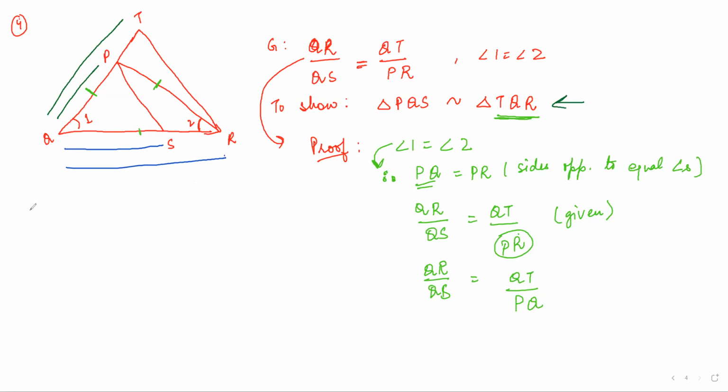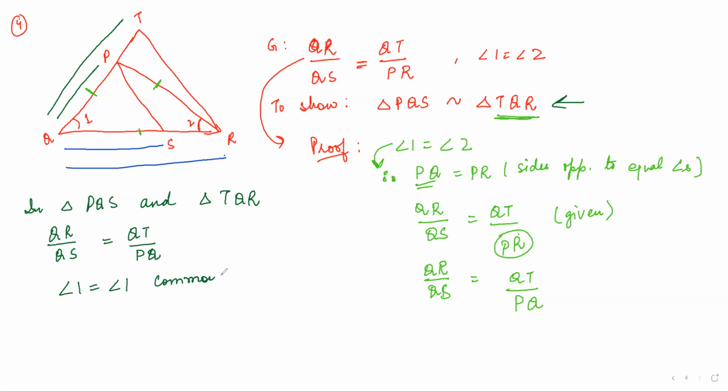So let's start here. So in triangle PQS and triangle TQR, I have got QR upon QS is equal to QT upon PQ. And angle 1 is equal to angle 1, which is common.